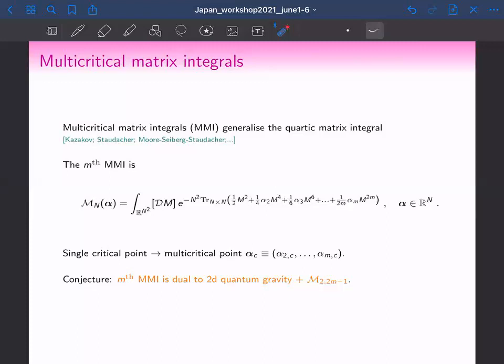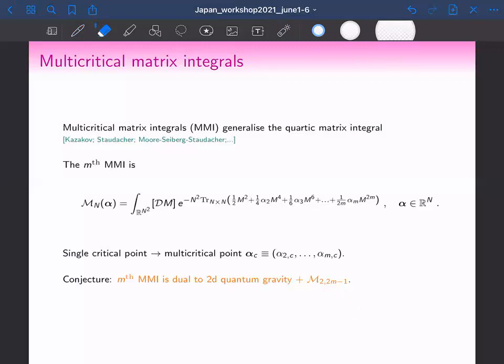Just to make a small comment here, in this matrix integral we have m minus 1 couplings, alpha 2 to alpha m. And in the minimal model there are m minus 1 primaries. So the number of primaries in the minimal model agrees with the number of couplings that we have in the matrix integral.